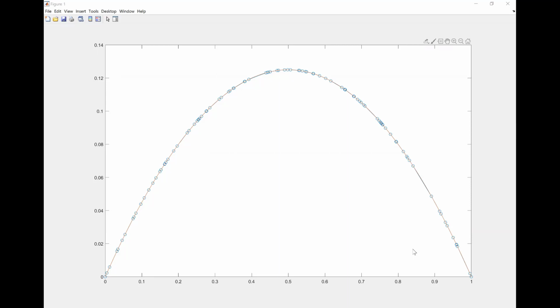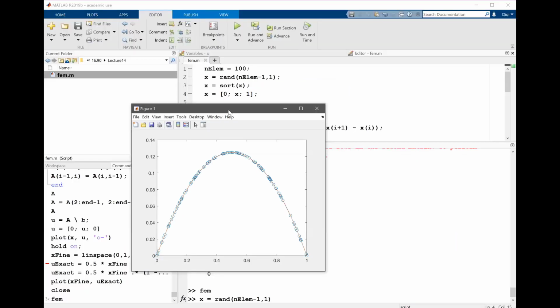Another thing is that it's very resilient to bad meshing. If you have very non-uniform grids and very anisotropic or distorted grids in 2D and 3D, you can still get pretty good solutions with finite elements. And it can be pretty easily demonstrated even in one-dimensional solutions like this.